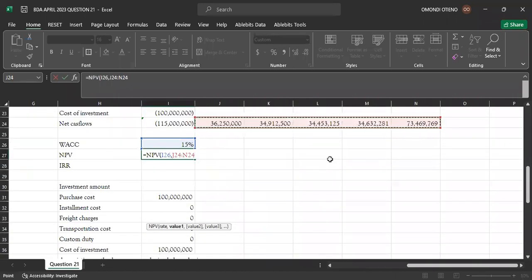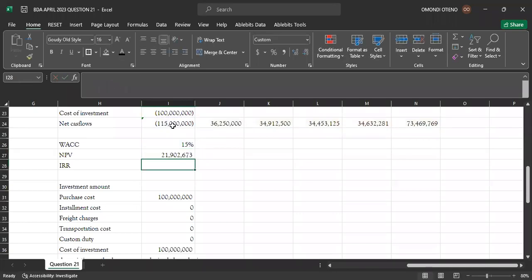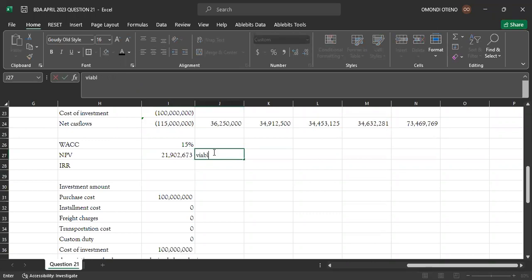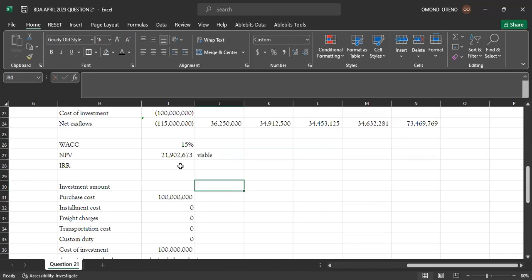Then close the bracket. We are supposed to less initial outlay, which is already in a negative form. So what do? Add. Then I get that. So this is the net present value, and just say the project is viable.